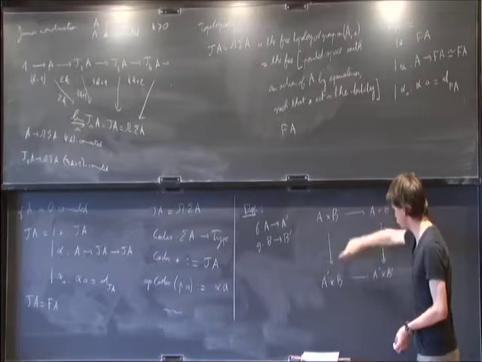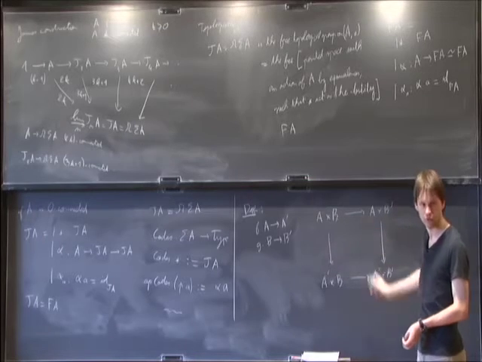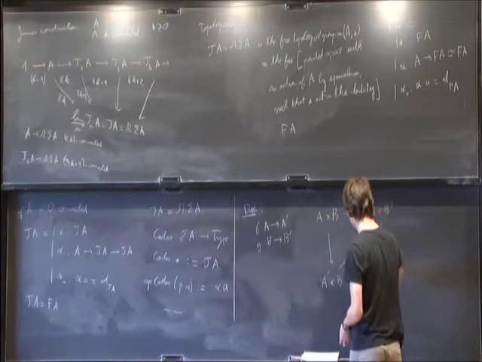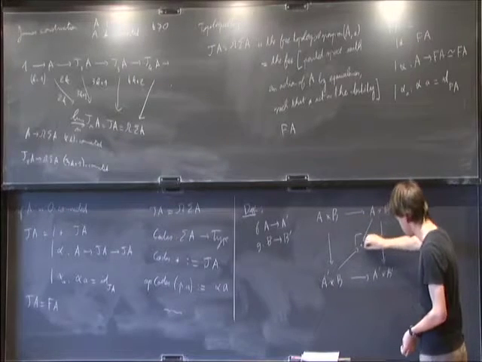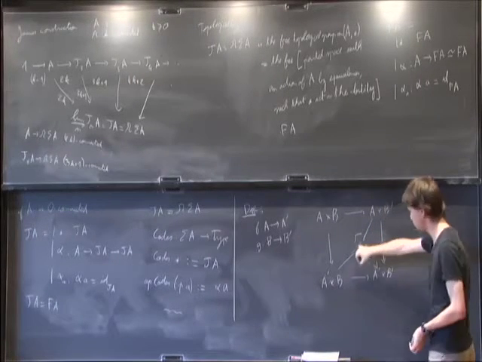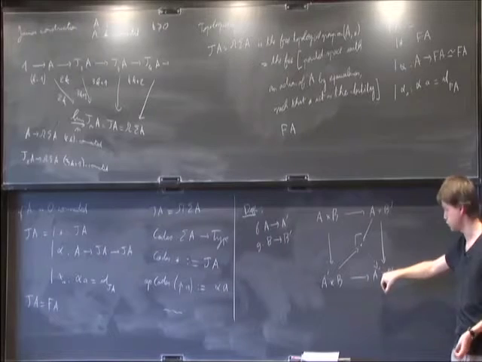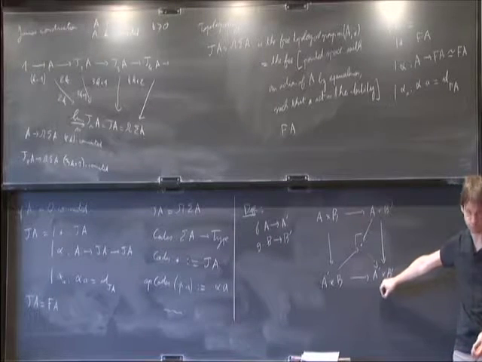And you can take the push out of the top two arrows. Take a push out, and then there is a canonical map from the push out to A prime times B prime.